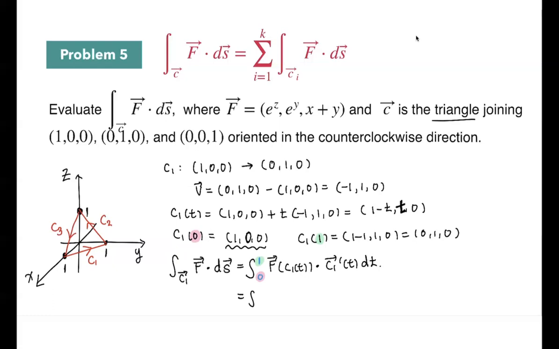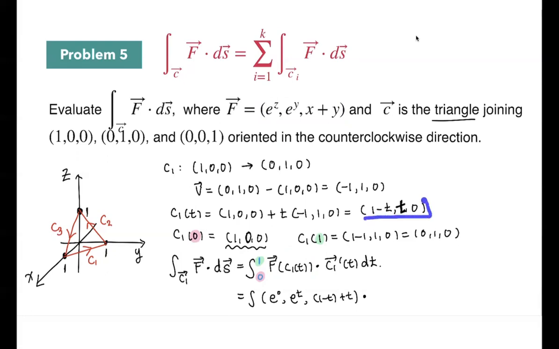And let's calculate it. Our f is given by like this, and our C1 of t is this one. Let's compute f of C1 of t. Then we get e to the z, which is 0, and e to the y, which is t, and x plus y, times C1 prime t.